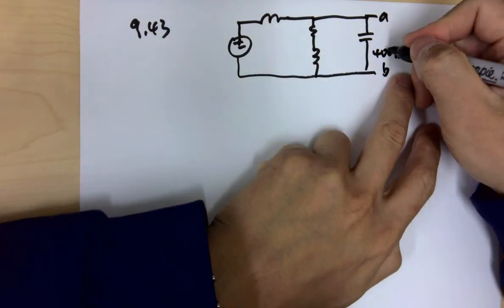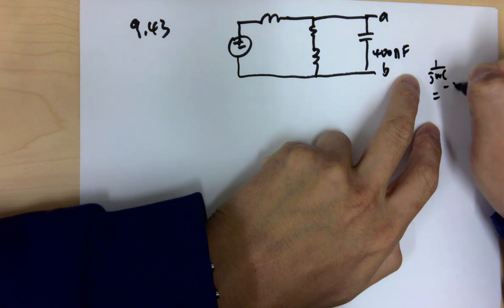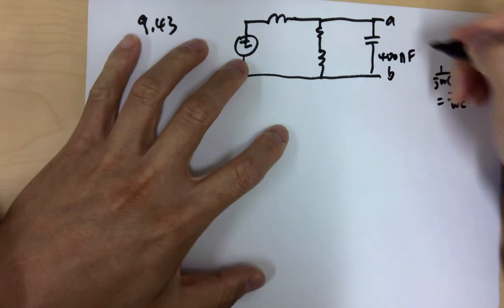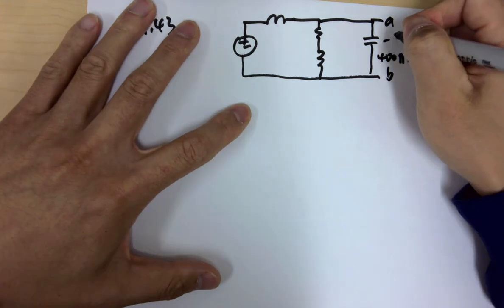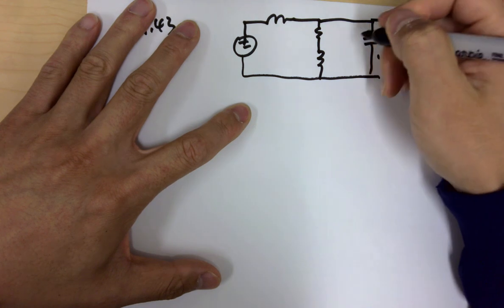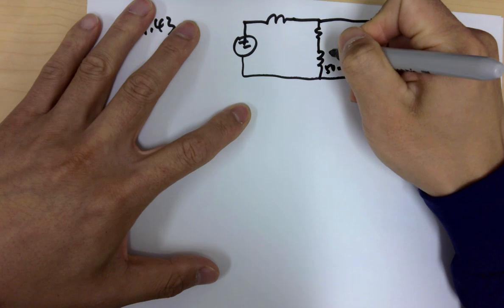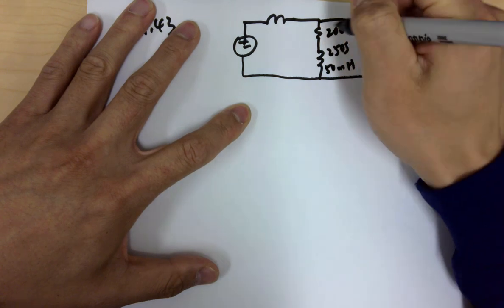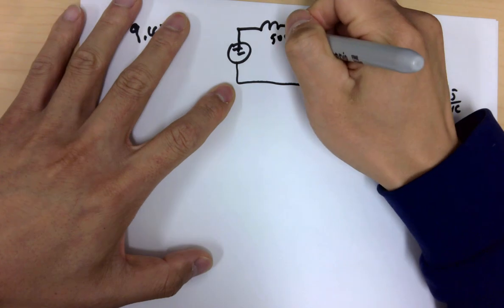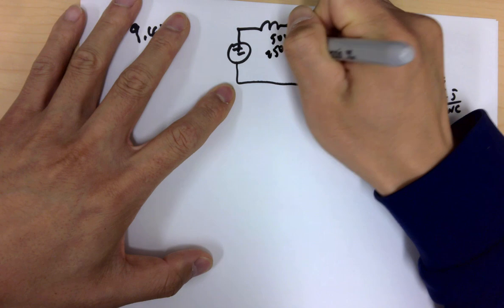And keep in mind, the impedance of the capacitor is 1 over j omega C, which is minus j over omega C. So for this capacitance value, it is converted to minus 500j for the impedance. And this is 50 millihenry, and this becomes 250j. And this is a 200 ohm resistor. And it's also 50 millihenry, which is 250j as well.